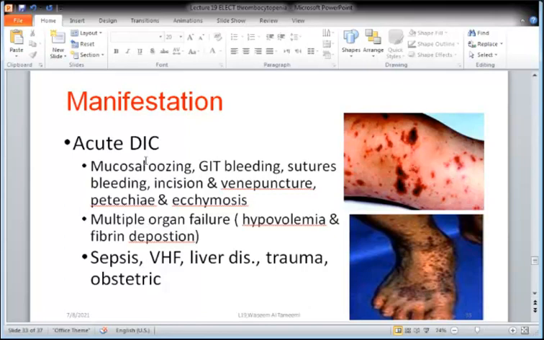The causes of acute DIC: DIC induced by bacterial septicemia, as we said, meningococcemia or gram-negative septicemia; DIC following viral hemorrhagic fever; DIC following acute hepatic failure or liver transplantation; and DIC following road traffic accident and massive trauma, or following obstetric complications like abruptio placenta.